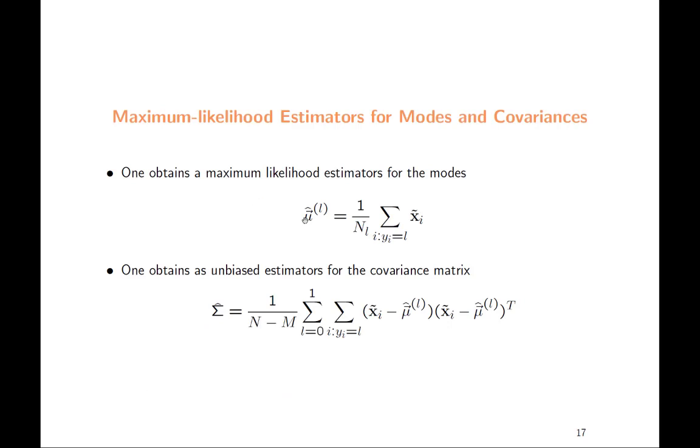So this is how a two-dimensional Gaussian looks like. And the estimates are quite obvious. The one is the empirical mean of all the data points belonging to the corresponding class. And the covariance, since we have two cases, we have two means, so we take the corresponding data point with the corresponding mean, so either class 1 or 0, and essentially calculate what you see over here. It is called the empirical covariance matrix if you divide it by n, but we divide by n minus m, where m is the number of inputs, to get a so-called unbiased estimate.